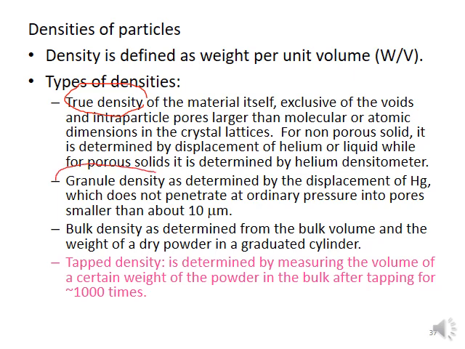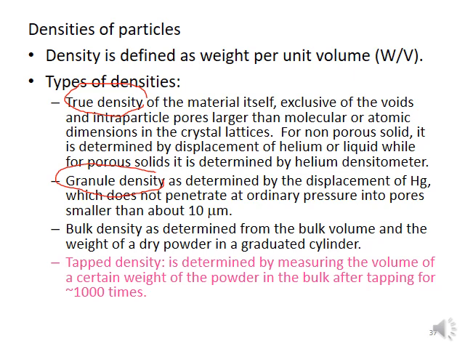Granule density is usually determined using mercury displacement, since mercury is large and will not be able to access pores smaller than 10 micrometer. In the lab, water was used instead of mercury for safety reasons since mercury is toxic.